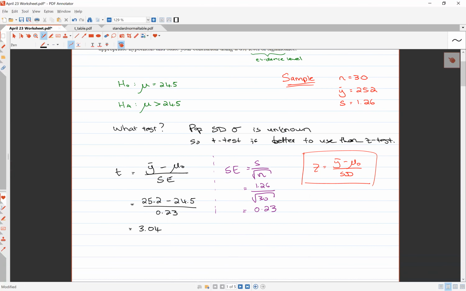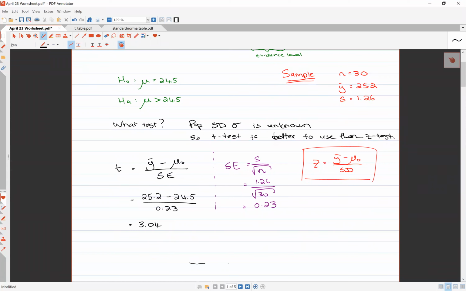Now, what do we do with it at this point? Once you've calculated the t or the z-value, you visualize a bell curve. If you were using a z-test, it would be a normal bell curve, but since we're doing a t-test, it would be a t-bell curve with n-1 degrees of freedom.